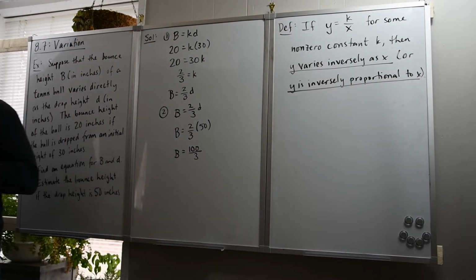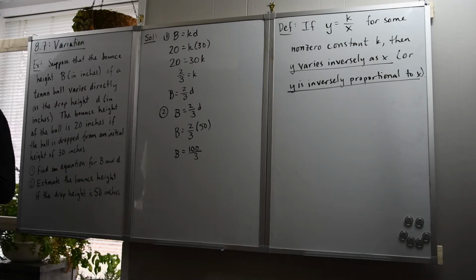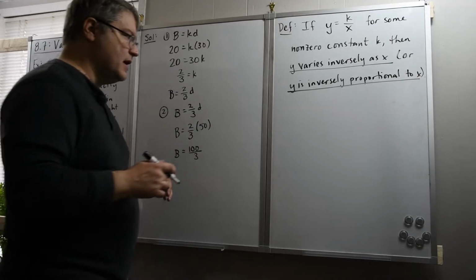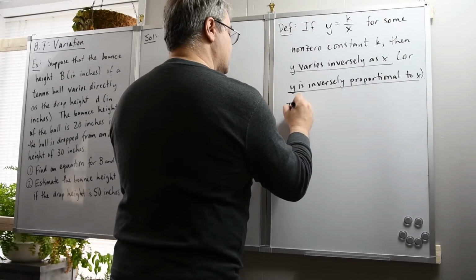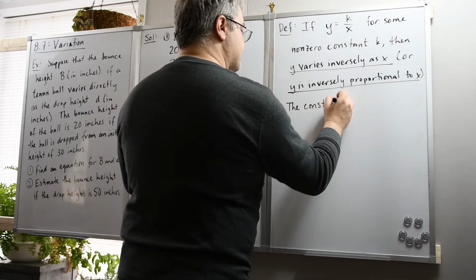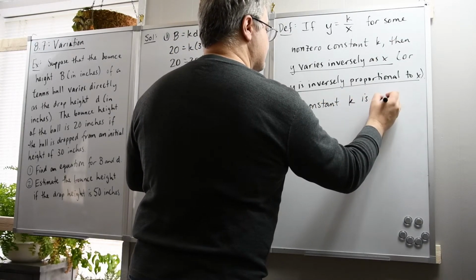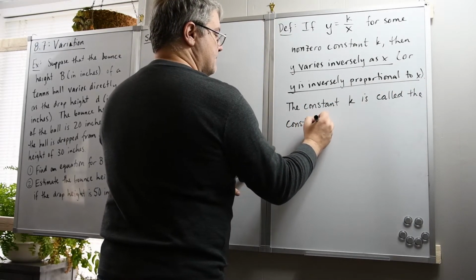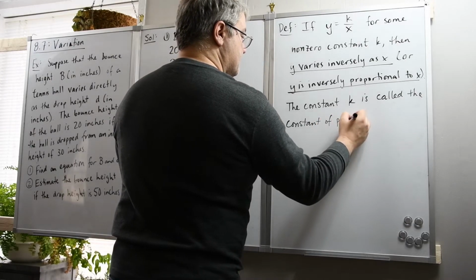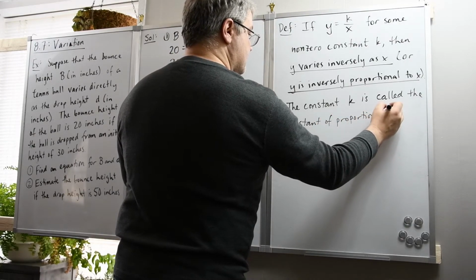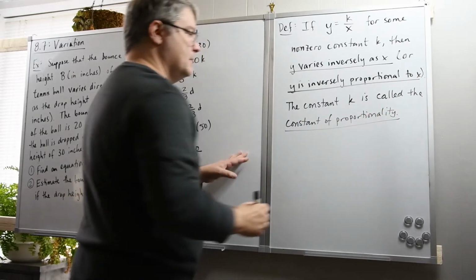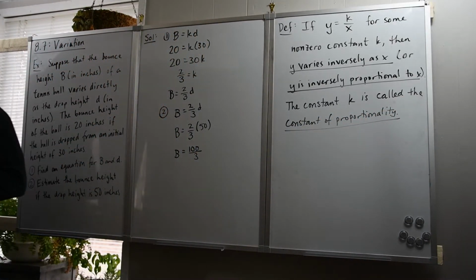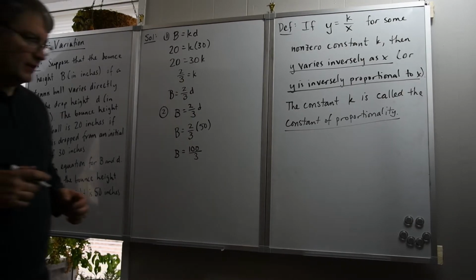So y varies inversely as x, or y is inversely proportional to x. Now k is what we refer to as the constant of proportionality again. So once again, k is the constant of proportionality, and on top of that, y equals k over x is the inverse variation equation.